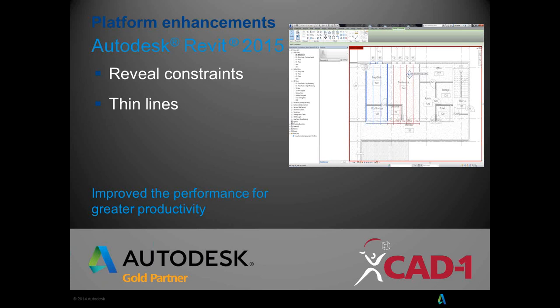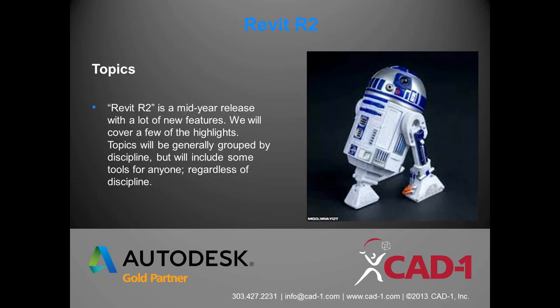A lot of what the enhancements are doing is improving your performance to hopefully increase your productivity using Revit. We're going to cover some of the highlights here. We grouped them according to platform and architectural, then also the structural enhancements, and then the mechanical enhancements as well.